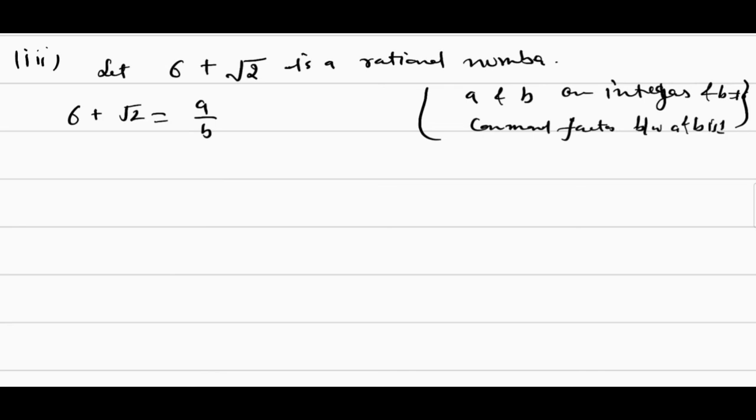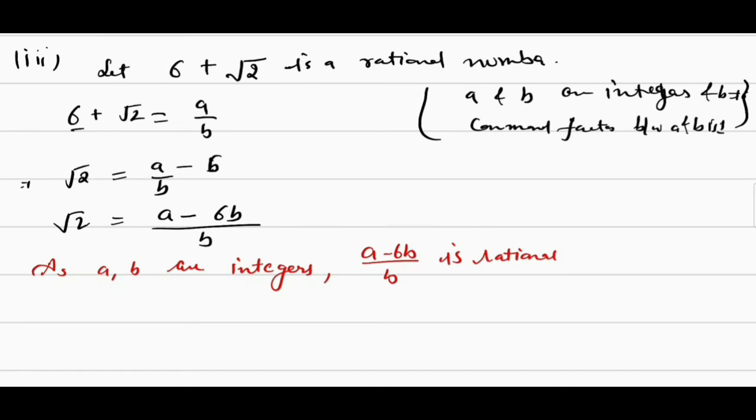So here also we can rewrite this: I'll take this 6 to that side, so square root of 2 is equal to a upon b minus 6. So this will become a minus 6b divided by b. So from here we can see a and b are integers, so this implies this thing is a rational number. If this whole thing is a rational number, then square root of 2 is also rational.